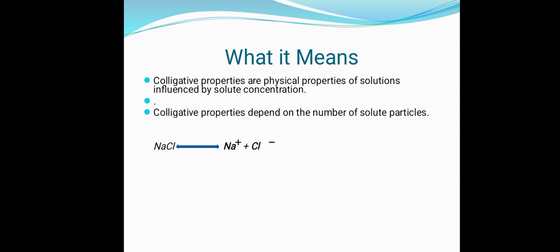These products are two particles in the solution. Now, when sugar is dissolved in water, sugar forms just one particle. So when we compare this, the effect of sodium chloride will be higher than that of the sugar. That is what it means to depend on the number of solute particles.